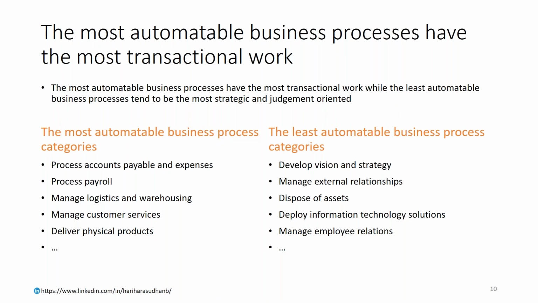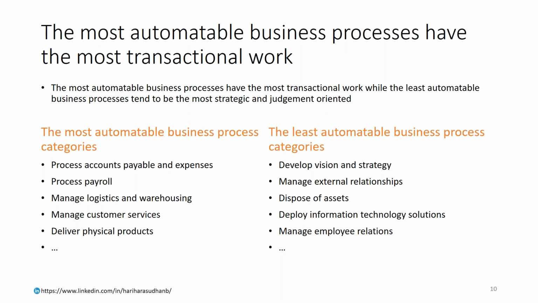One common thing in all these processes is that they are mostly rule based, and the main thing is they don't involve any judgmental things. They don't involve too much human knowledge or judgment.